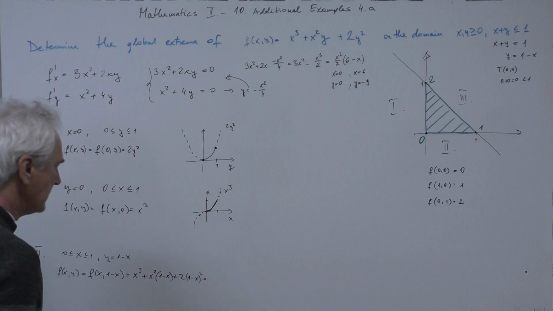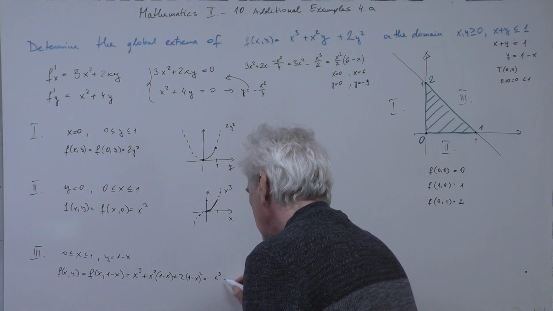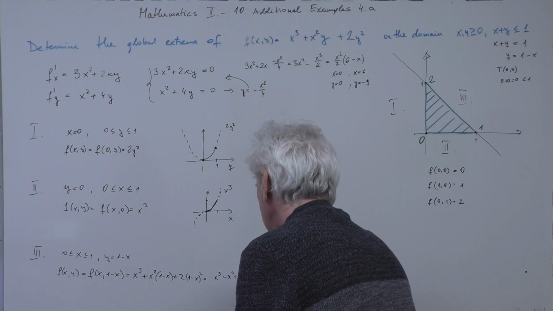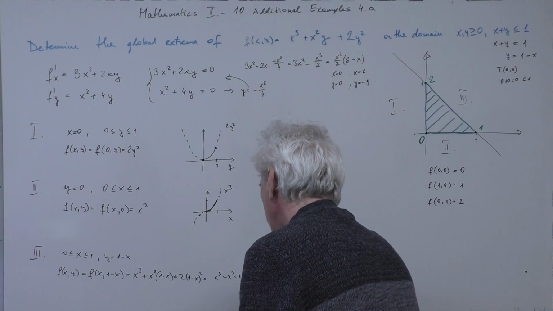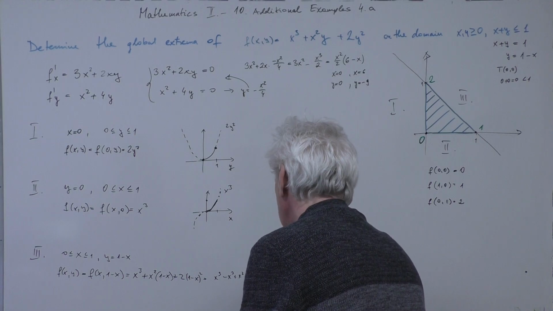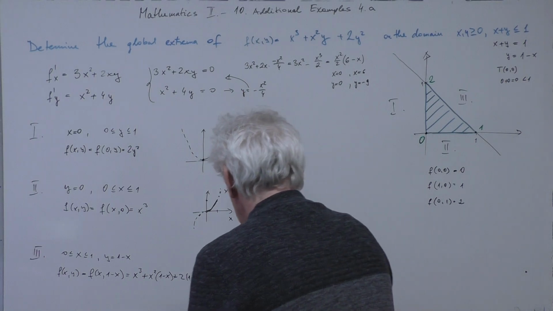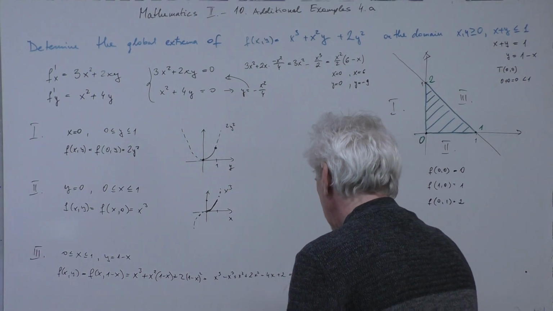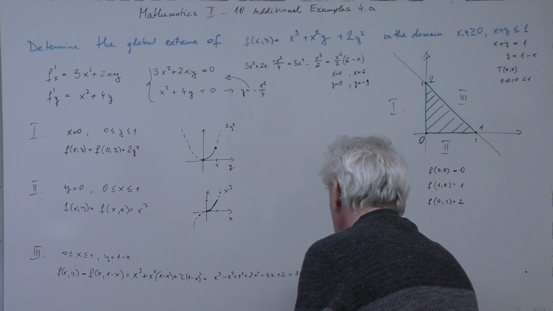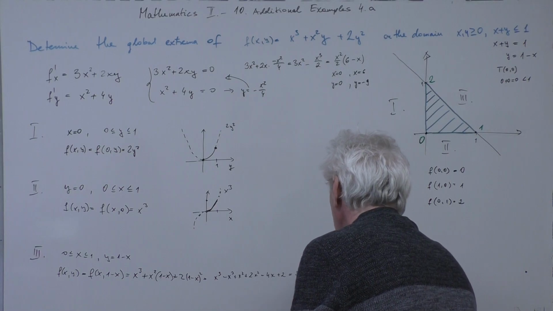So x cubed and minus x cubed cancel, and combining similar terms, we have 3x squared minus 4x plus 2.